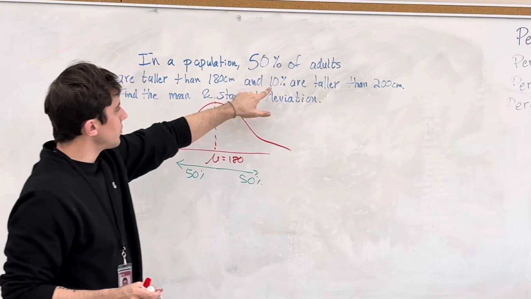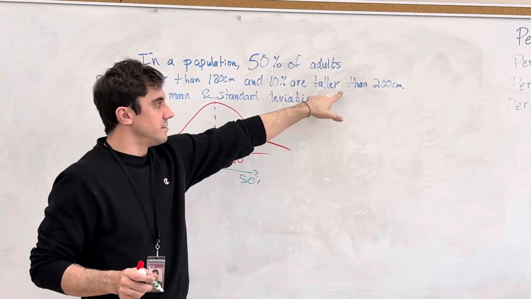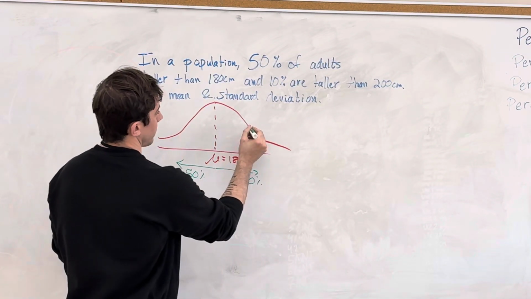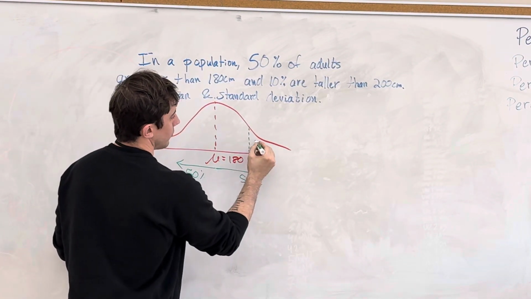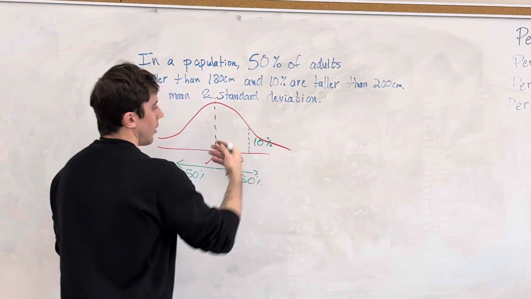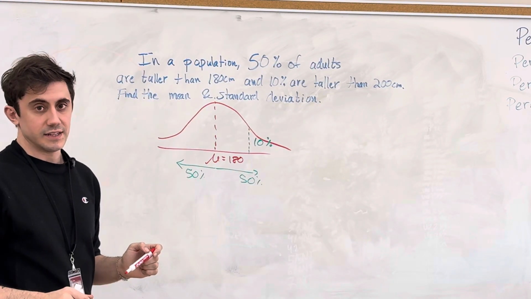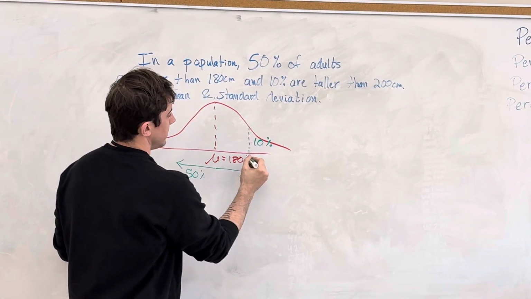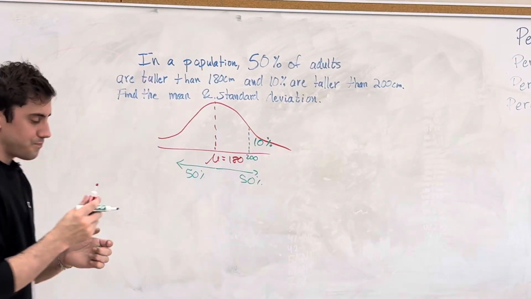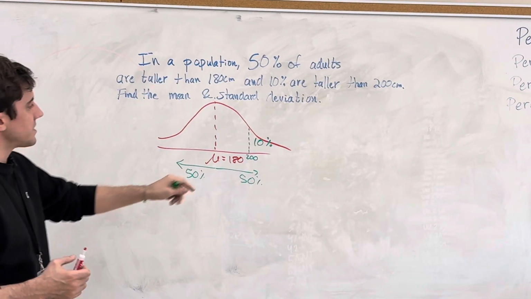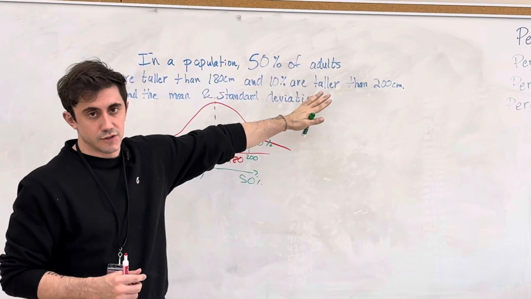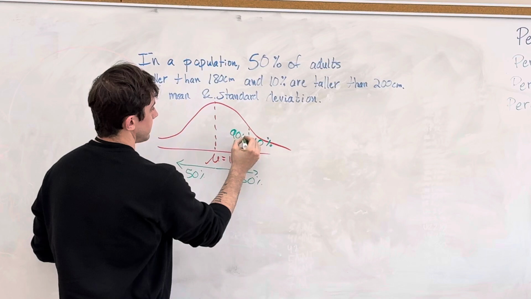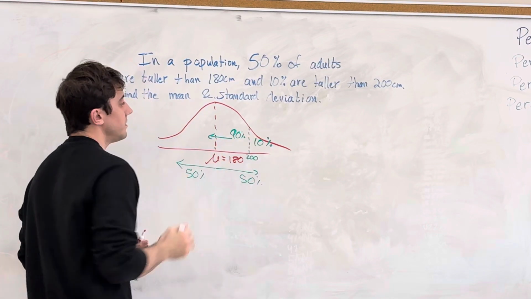Now, if only 10% of adults are taller than 200 centimeters, then that's going to be somewhere around here, where only 10% are further along in the height distribution. That also means that 90% are shorter than 200.